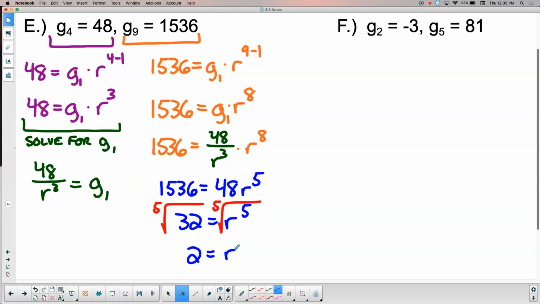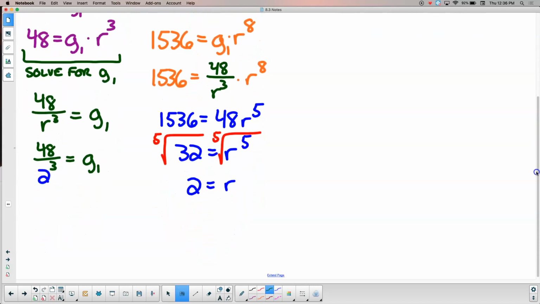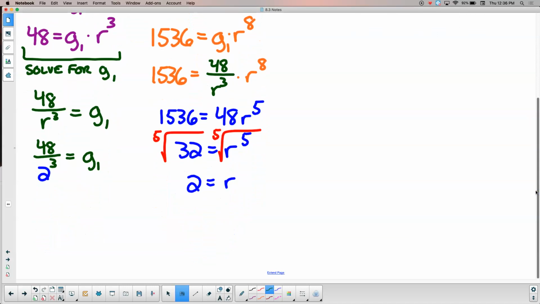Now I can go back to my g sub 1 equation, and I can substitute in 2 for r. Two cubed is 8.